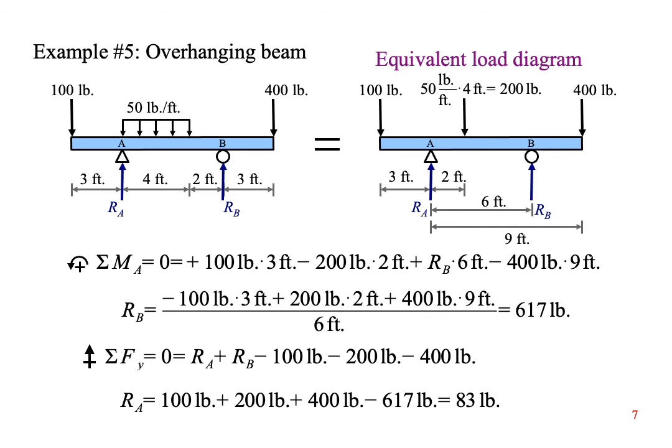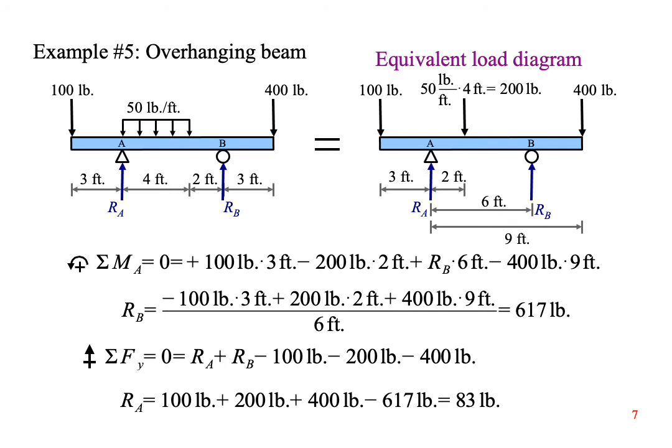Since there's a distributed load, the first thing we have to do is draw an equivalent load diagram off to the side. The equivalent point load is 200 pounds. I like to redraw the dimension lines so that they all reference point A. Now it's easier to plug in the right lengths into the sum of the moments calculation.